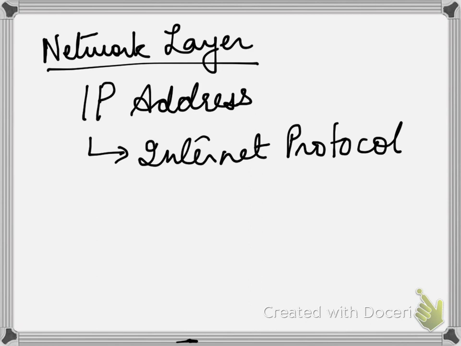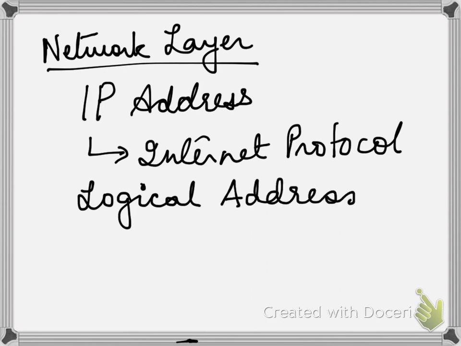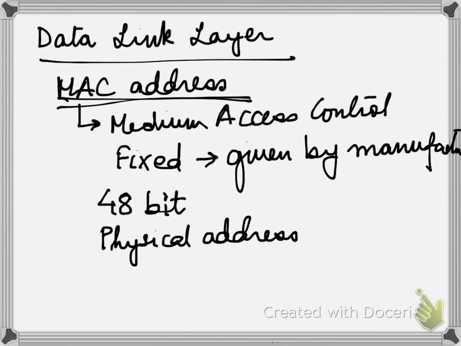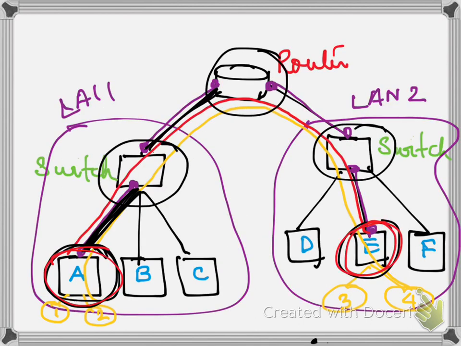And this is a logical address, because it can be changed. So when you want to move, say, computer A from LAN 1 to LAN 2, you can change the IP address of the device. So it's a logical address based on where it is currently.